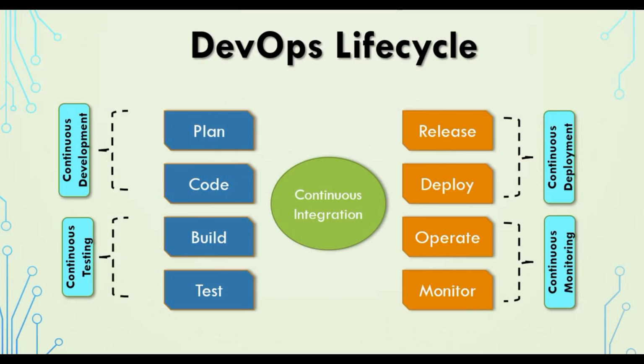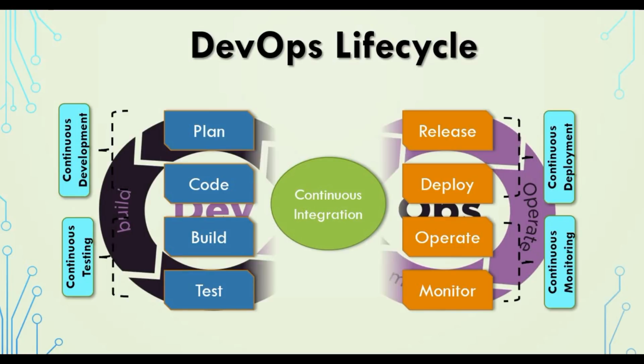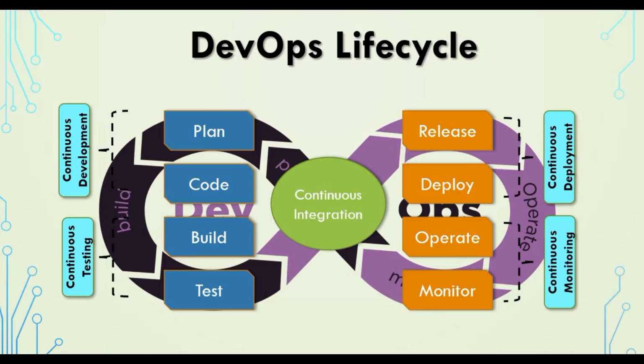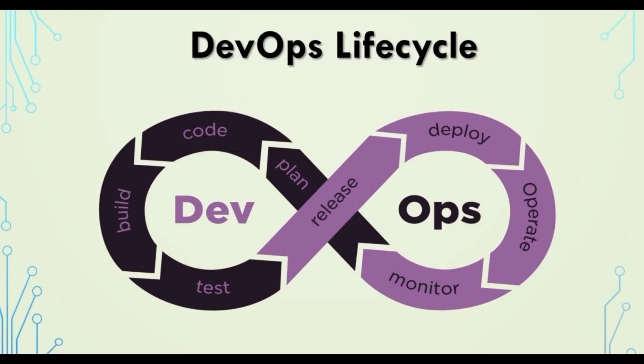Now let's see the DevOps lifecycle. What we see here, plan, code, build, test, release, deploy, operate, monitor, is basically the DevOps lifecycle. This is coming as the picture if you see on the background. It's like a loop, a continuous feedback mechanism from the development to the operational team.